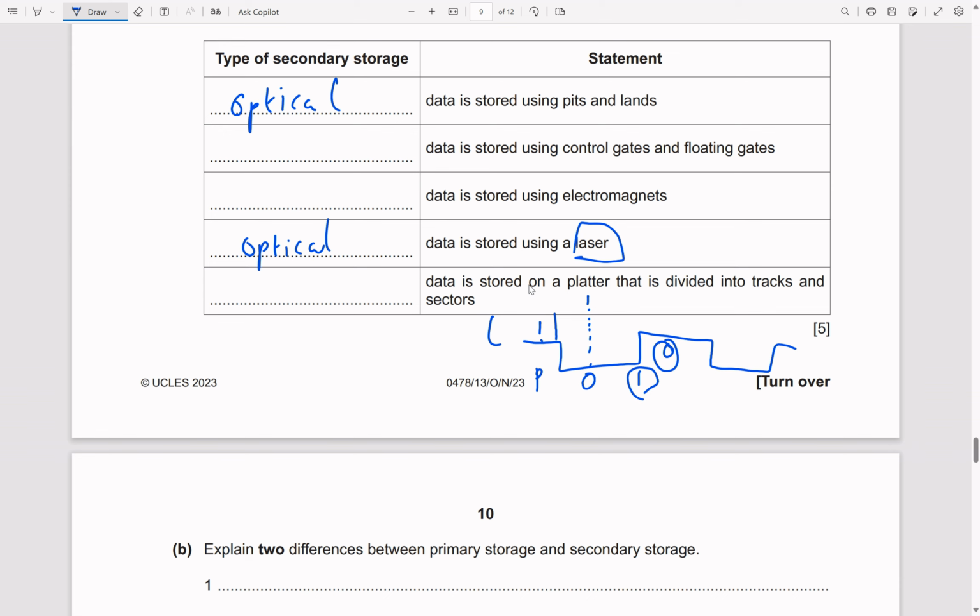Right, the next one, data is stored using control gates and floating gates. This one was in, I think, paper 12 or maybe paper 11. Here, let's say you have a control gate, let's call it C, then you have the floating gate, let's call that F. The floating gate is going to contain the electrons, E minus.